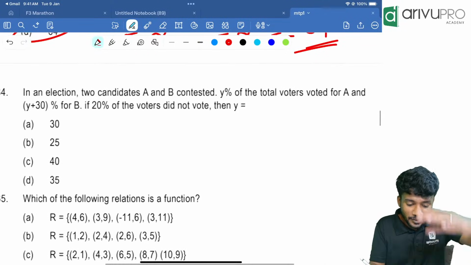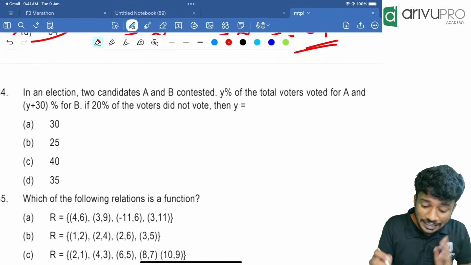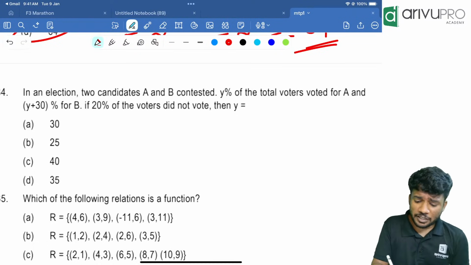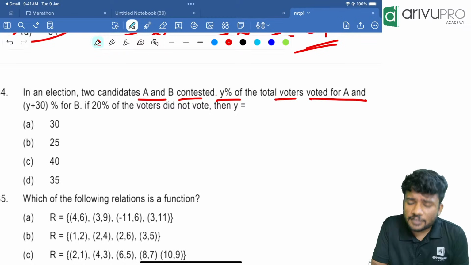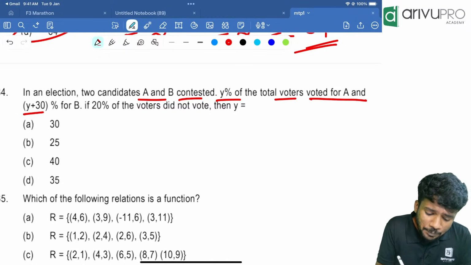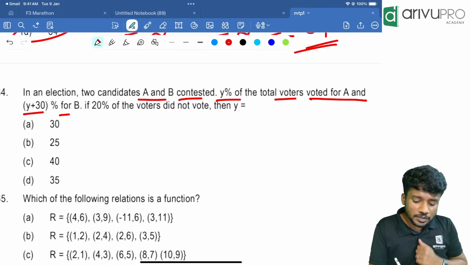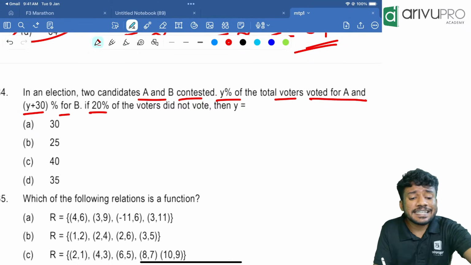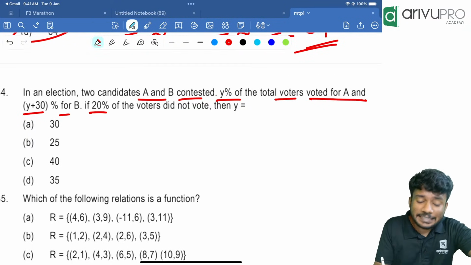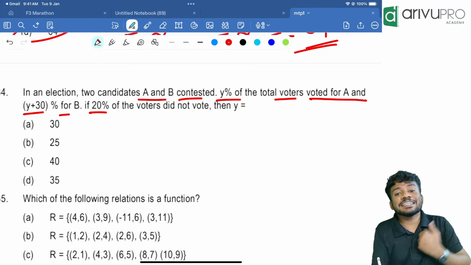Next one, another very good question. In an election, two candidates A and B contested. Y percentage of the voters voted for A and Y plus 30% of the voters voted for B. If 20% of the voters did not vote, then what is the value of Y is the question.